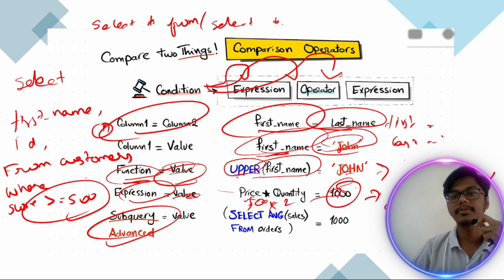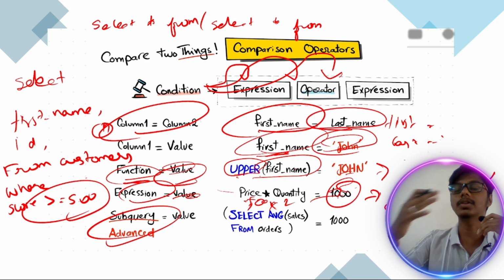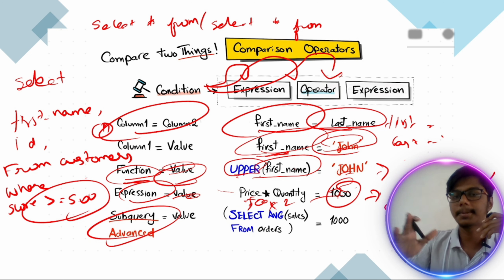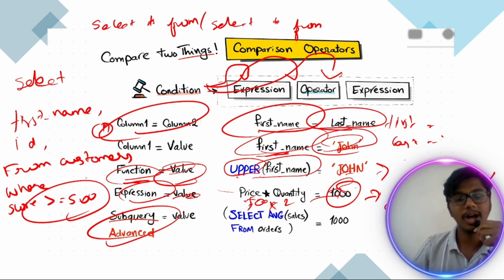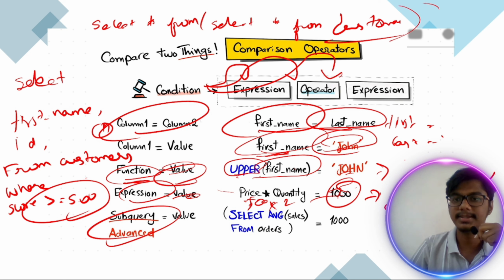There is no logic in this question. I just want to show the implementation and demonstrate the advanced subquery. Those things are covered here, a subquery from the customers table. This is a subquery.